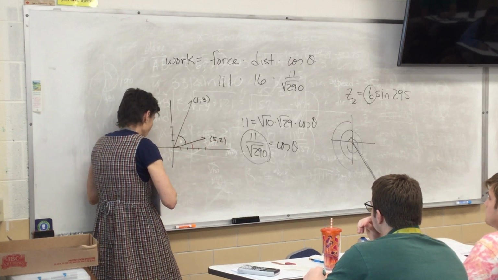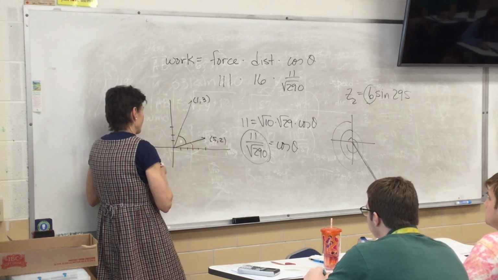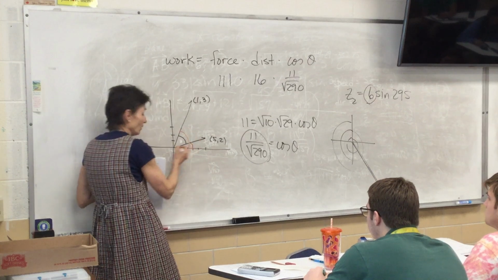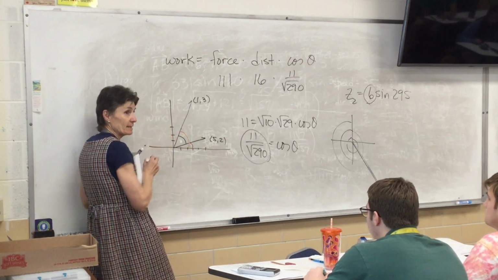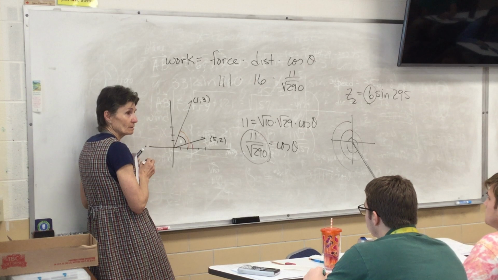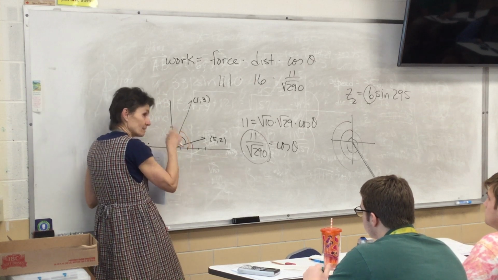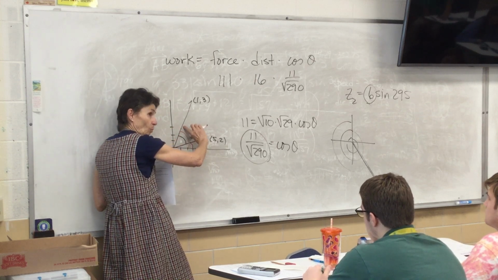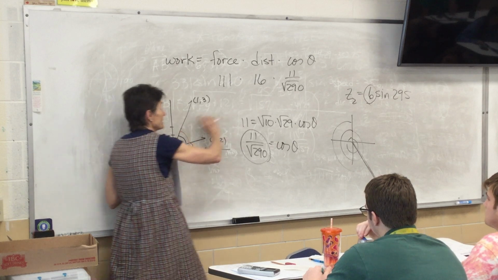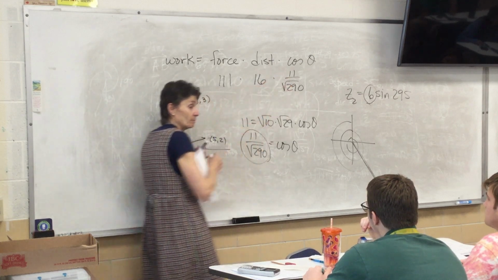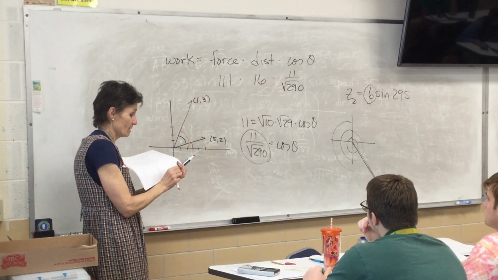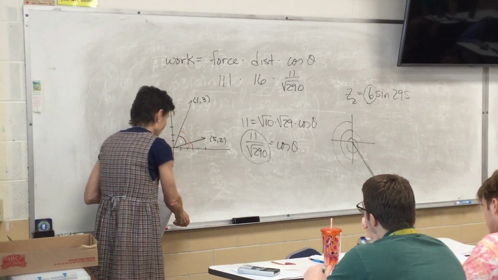And then I could also find this angle by doing secant inverse 3, and then subtract those two angles to get the one I wanted, and then take the cosine of it and plug it into my formula. So both of those are options.